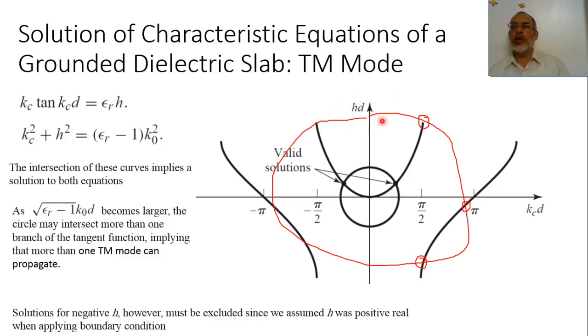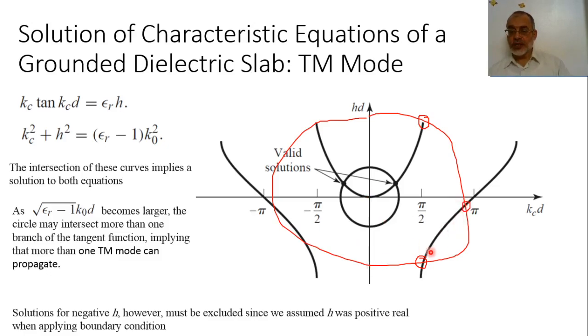And already we have assumed that the field at x greater than d is proportional to e to the power minus hx. So in this case, a positive value of h corresponds to a decaying wave. But here the value of h is negative, on the negative side.